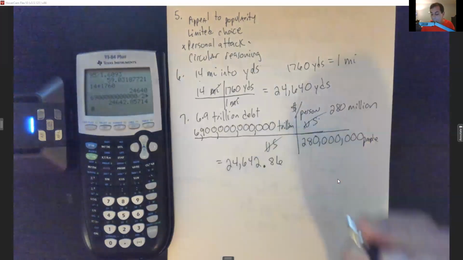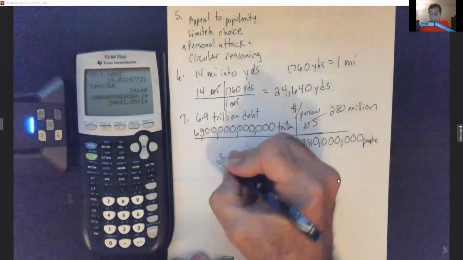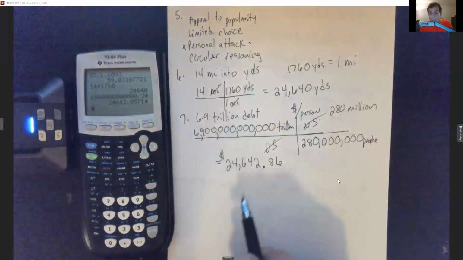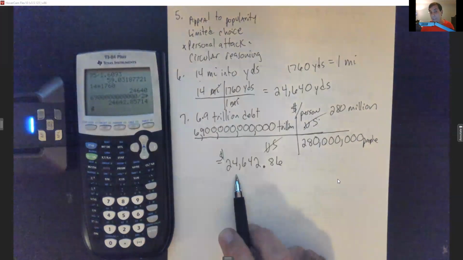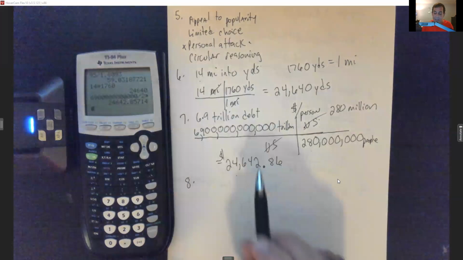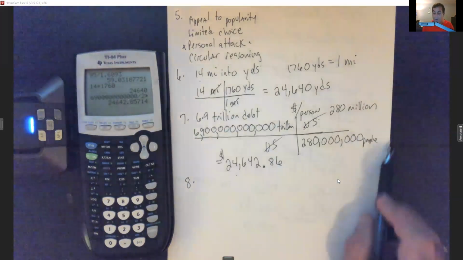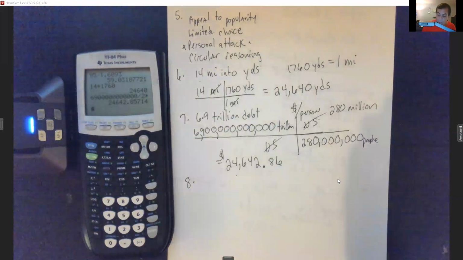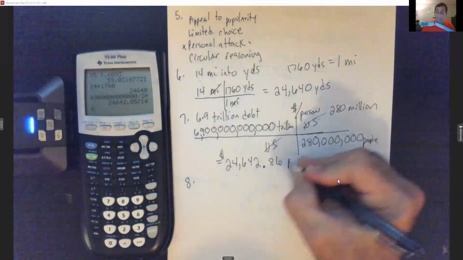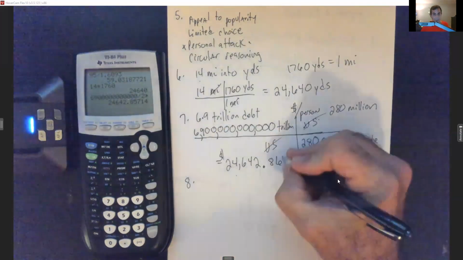So when you're dealing with money, you want to round off to the nearest cents usually, and that means that our national debt per person is an average of $24,000. Okay, so remember on that question, take your debt, divide by your population of people, and that'll give you the answer you're needing per person, okay? So let me put per there, forgot that per.